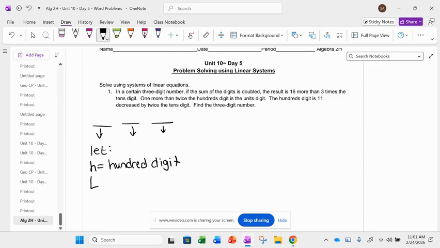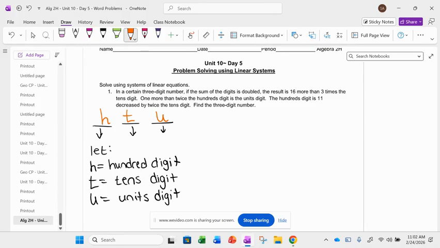I'm going to let T equal the tens digit. And U equal the units digit. This is the U, this is the T, this is the H, right?